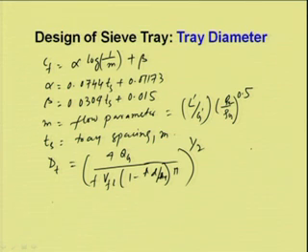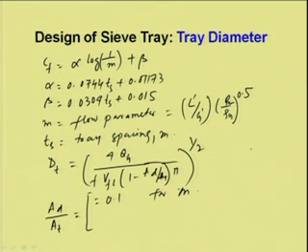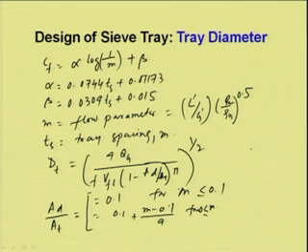It is suggested that A_D by A_T is equal to 0.1 for m less than or equal to 0.1, equal to 0.1 plus (m minus 0.1) by 9 for m greater than or equal to 0.1 and less than 1.0, and it will be 0.2 for m greater than or equal to 1.0.